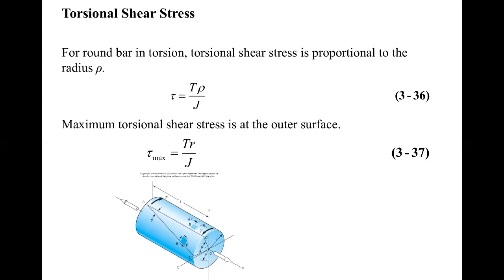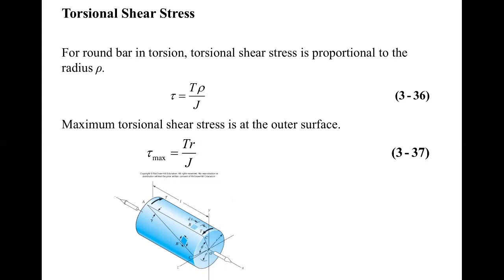On the surface, we have maximum rho, so we have the maximum shear stress. So under the torque T, the shear stress on the cross-section area is not uniform. It's non-uniform.